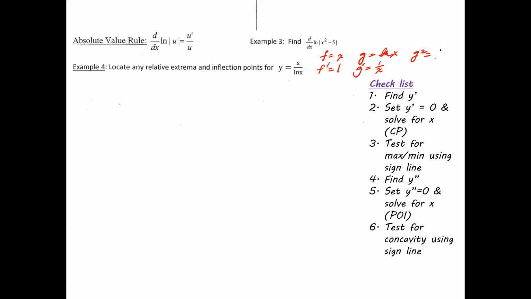No, I won't have to use the quotient rule. g squared would be (ln x) squared. There we go. All right, so then f prime of x is going to be equal to f prime times g, so that's just ln x, minus f times g prime, and x times 1 over x is just going to be a 1, all the way over (ln x) squared, which is g squared.